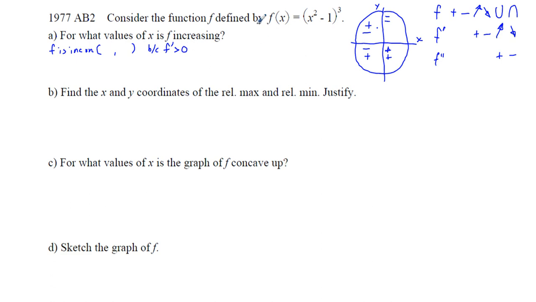Okay, we've pre-justified. Next, we're going to take the first derivative of f of x. To do that, f prime of x is equal to, we take this 3 out front, so we have 3 times quantity x squared minus 1, and then for the power, 3 minus 1, which is 2, times, using the chain rule, the derivative of the inside, which is 2x.